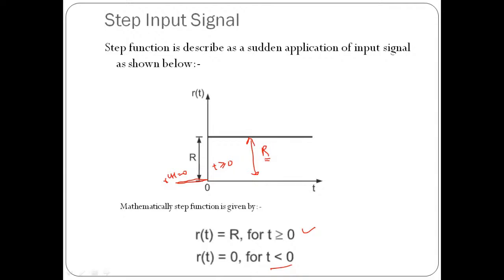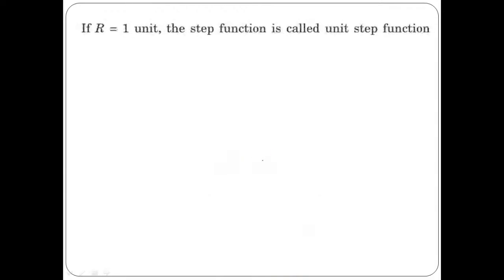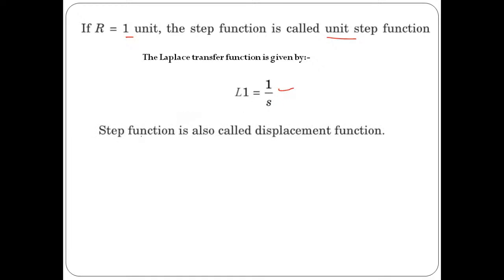That's it. And suppose you take the value of r as 1, then it is called as unit step function. And if you take the Laplace transform, it is going to be 1 by s. This is very important. So this is called as step function, also known as displacement function.